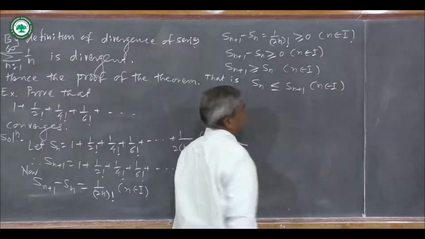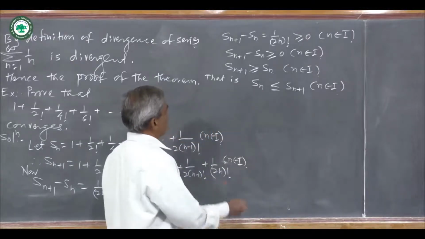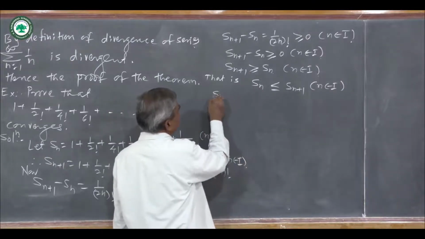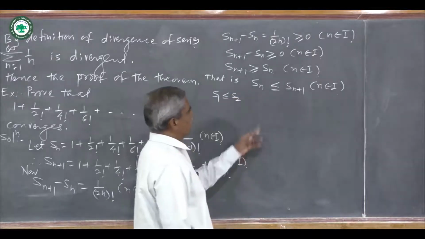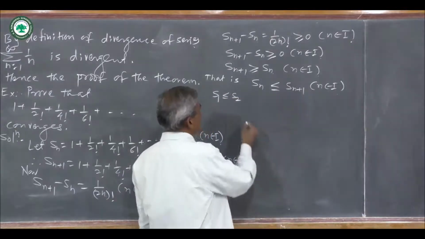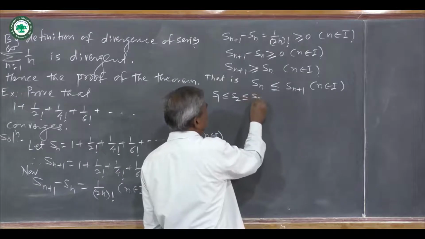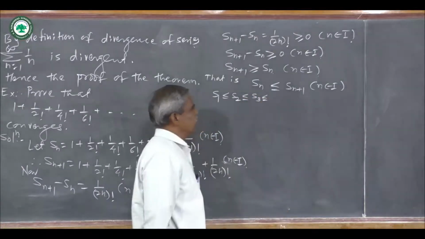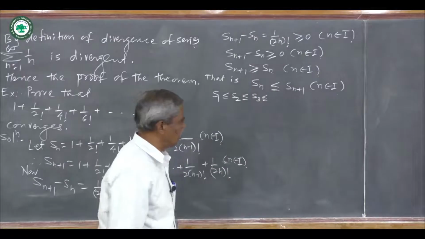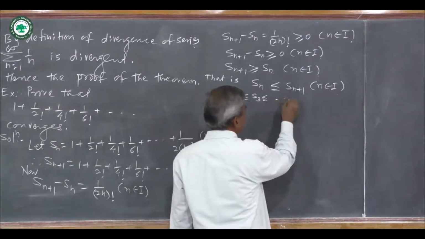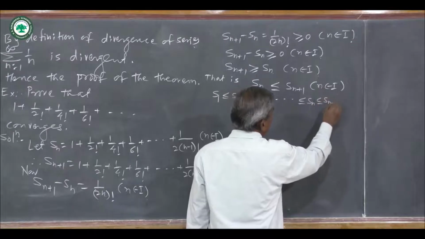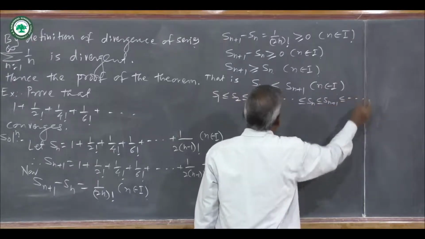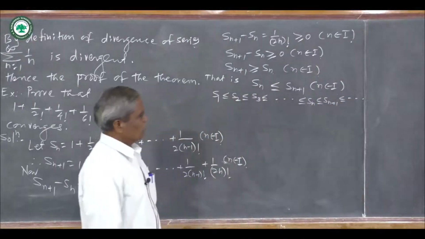If we put n equal to 1, we obtain S1 is less than or equal to S2. If we put n equal to 2, we obtain S2 is less than or equal to S3. If we put n equal to 3, S3 is less than or equal to S4, and so on.